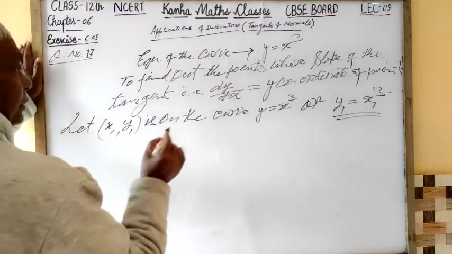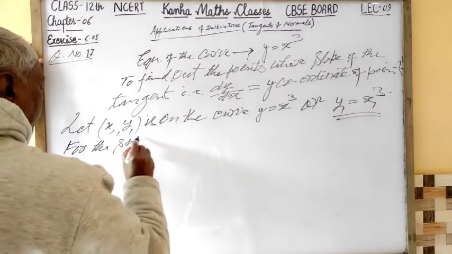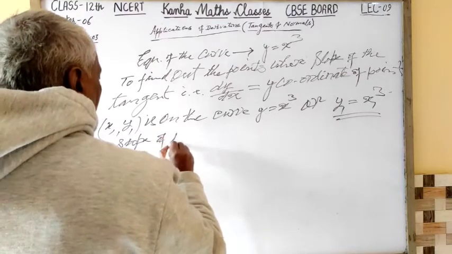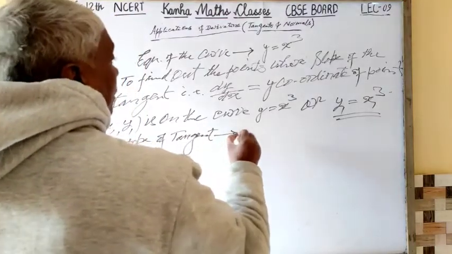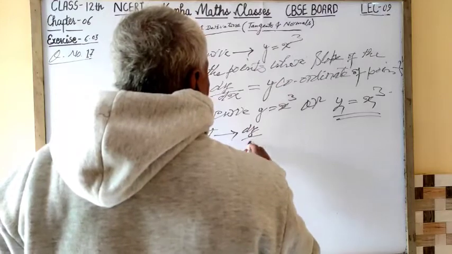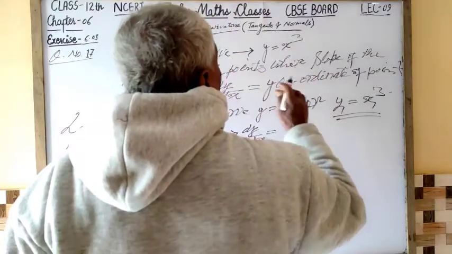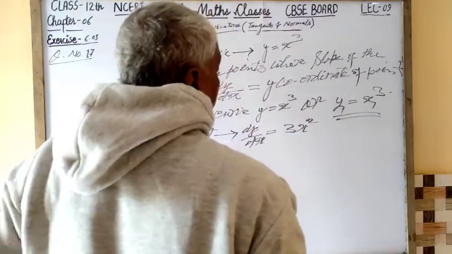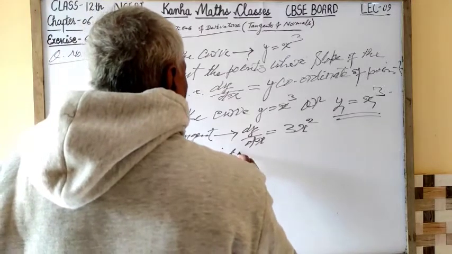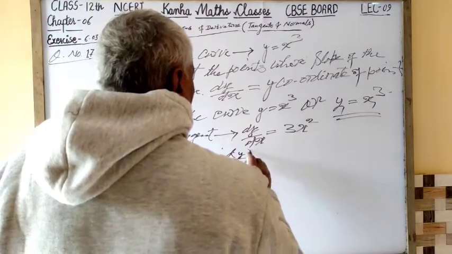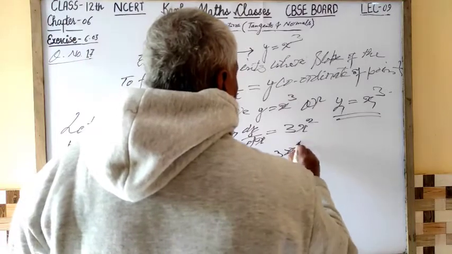For the slope of the tangent, dy by dx is equal to 3x square, or dy by dx at the point x1 will be equal to 3x1 square.